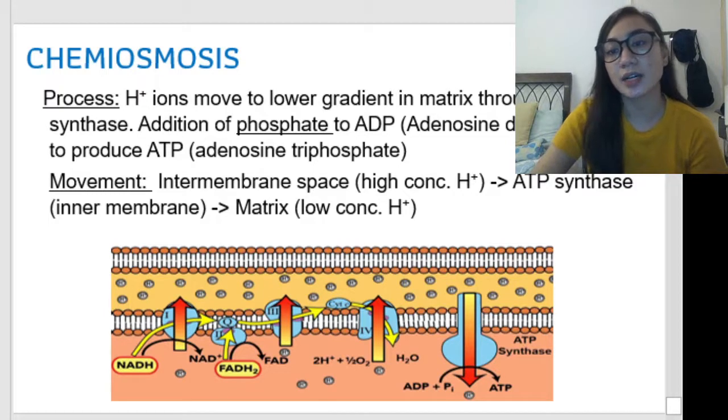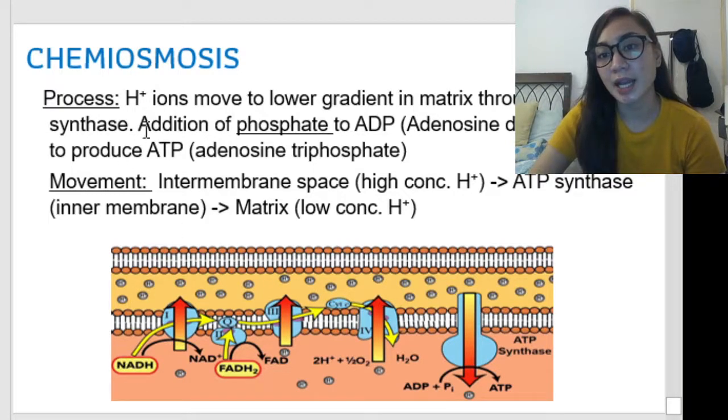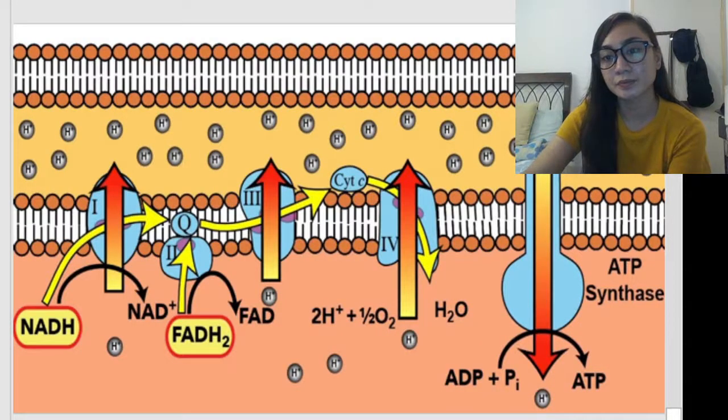Okay? So, again, as a review, hydrogen ions natin will move to a lower gradient through ATP synthase. And as it turns, magkakaroon ng addition of phosphate group, adenosine diphosphate, to produce ATP. So, that's the whole process of oxidative phosphorylation.